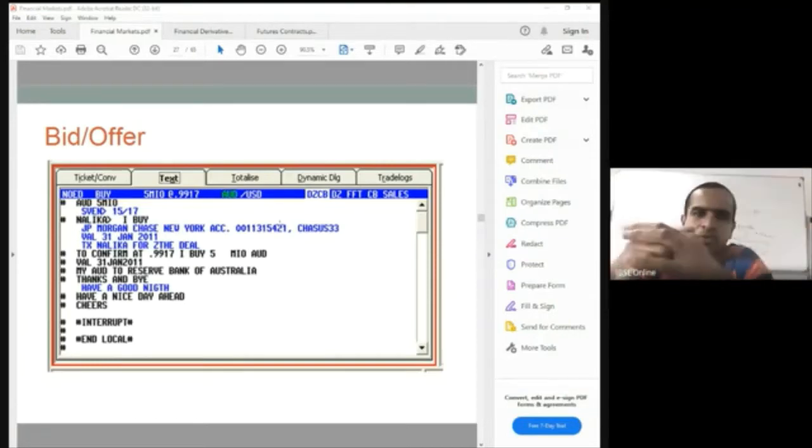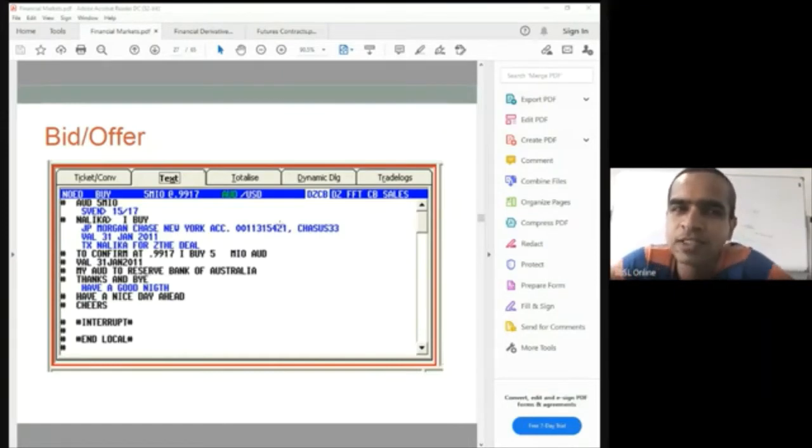If you go through what is given here, where you get the hash sign, it says AUD 5 million. That means he's asking for a quote for AUD US dollar, the Australian dollar against US dollar exchange rate. That's what he's asking.